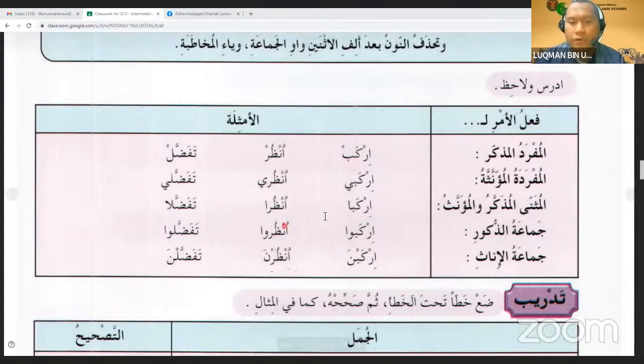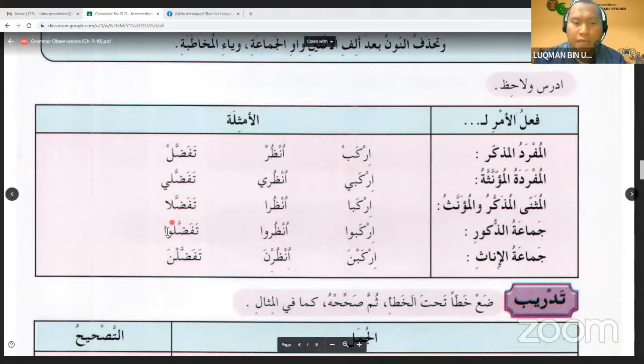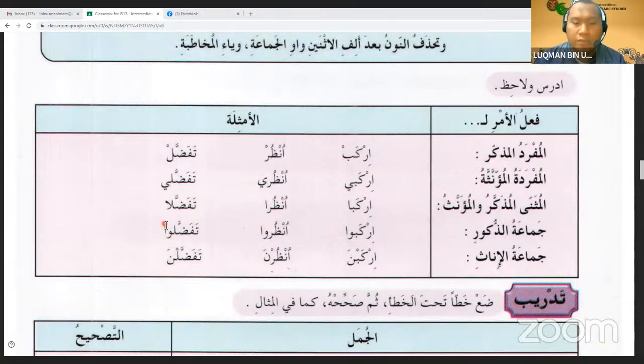Tafaddalu. So all of this alif here is a sign that this is a wawul jama'ah, not really a part of the fi'l amr. So this is a harf zaid, just an additional letter. So you don't read that, it's silent.